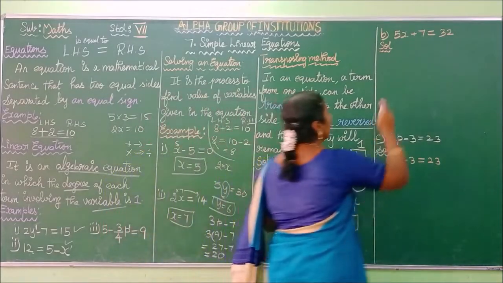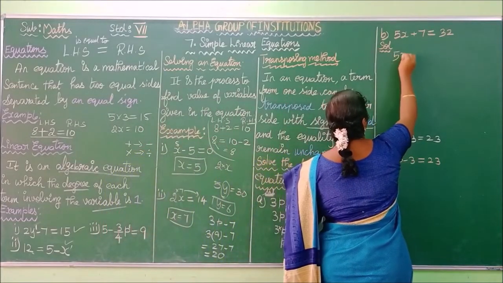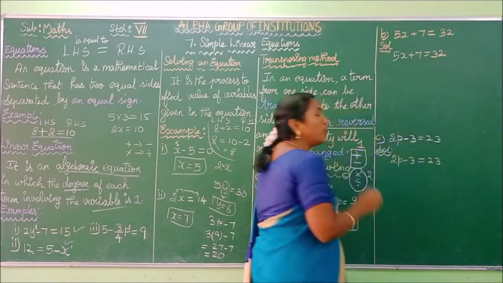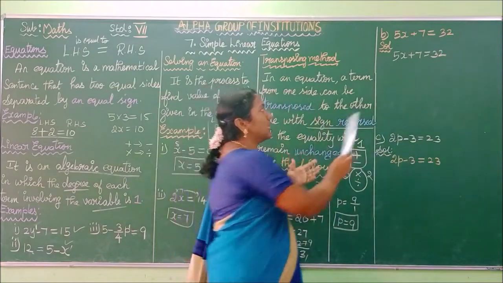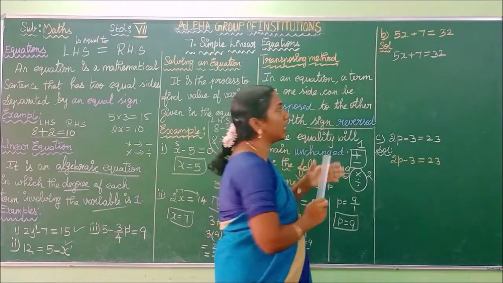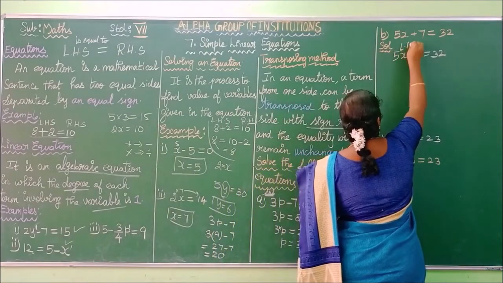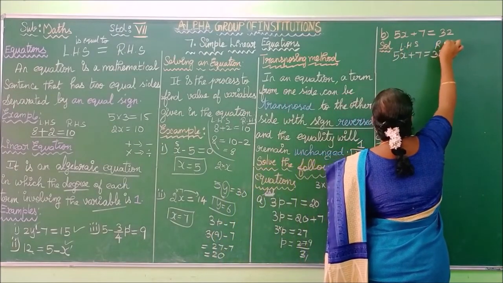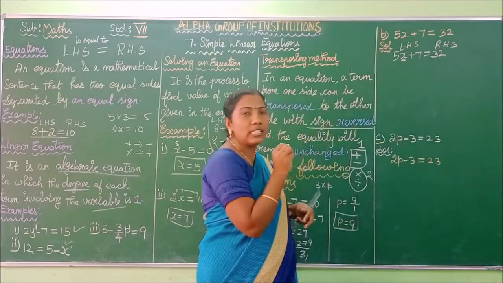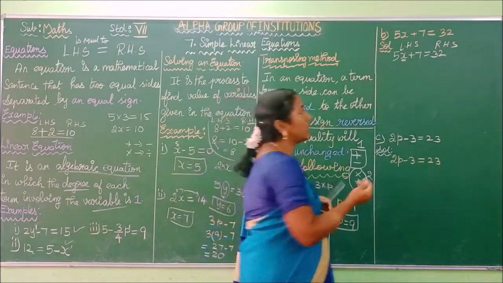Okay. See here. First step you have to write the question 5x plus 7 equal to 32. First step you have to bring that plus 7 to the other side. Plus 7 is already in the LHS side. This is LHS, left hand side. This is RHS, right hand side. In order to find x, we are bringing the 7 from LHS to RHS.